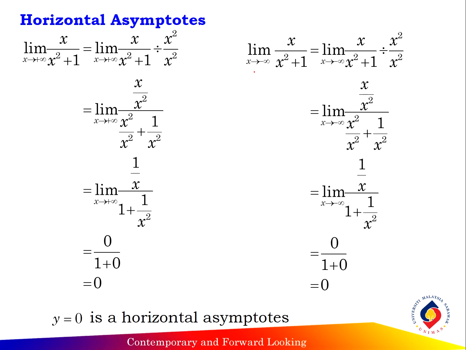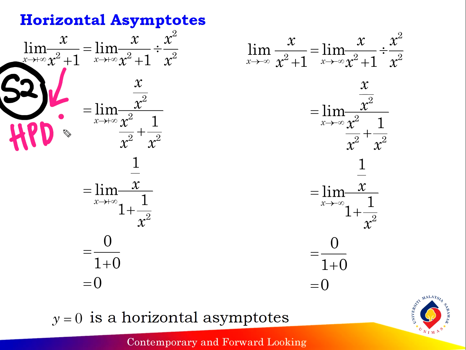Step 2: you find the horizontal asymptote of the function. First, the limit as x approaches positive infinity of x over x squared plus 1. You find the highest power of the denominator, which is x squared.